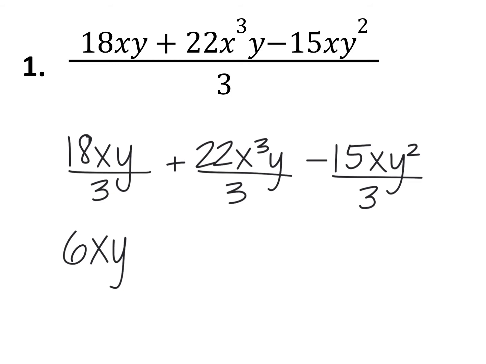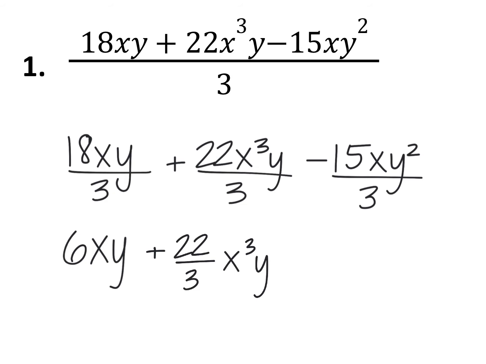So anything that 22 and 3 both divide by except for 1. So since 2 doesn't work and obviously 3 doesn't work, then you're going to leave this as a fraction. This is kind of strange, but you're going to leave it as 22/3 out in front, and then x to the third y goes next to it.